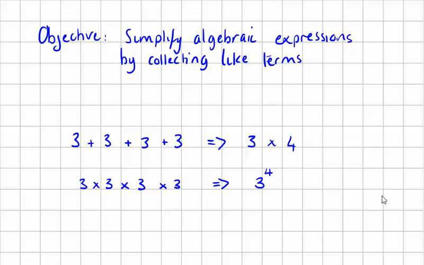But this is the one thing I want to show you, the difference. So this is called repeated multiplication, this is repeated addition. Repeated addition is the same as multiplying. Repeated multiplication is shown as a power. Okay.